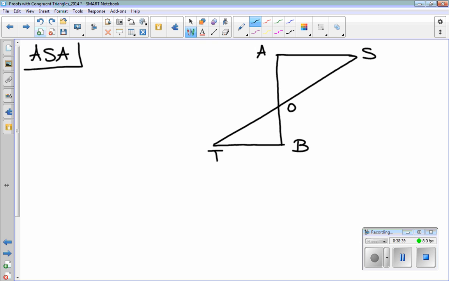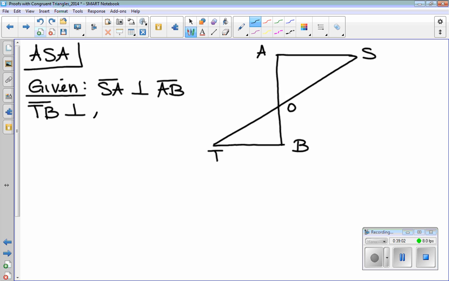Make sure you realize that segment AB is straight up and down as a vertical line here. We're going to be given that segment SA is perpendicular to segment AB. We're going to be given that segment TB is perpendicular to segment AB.